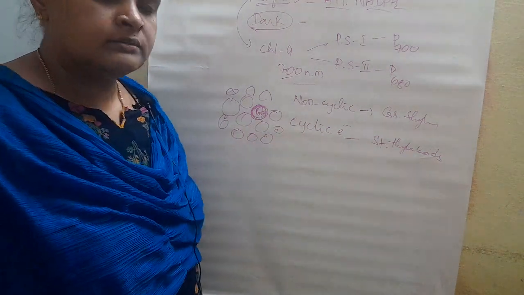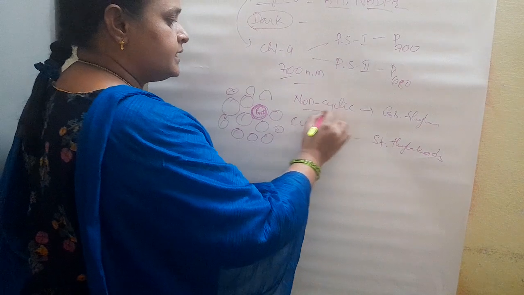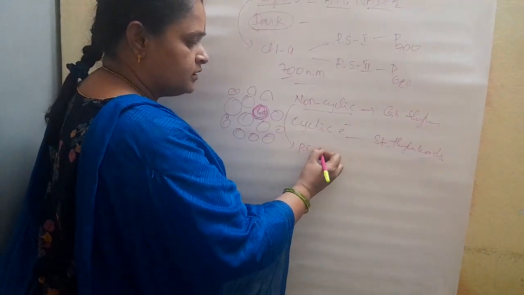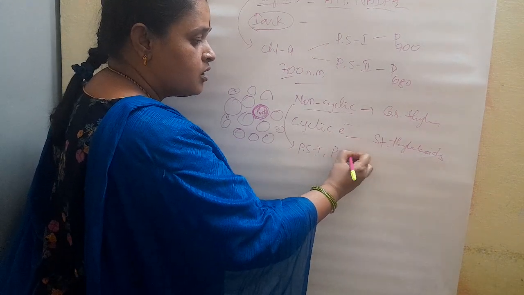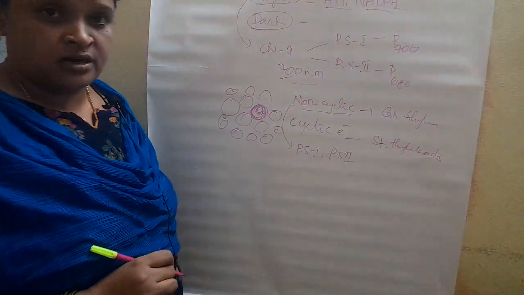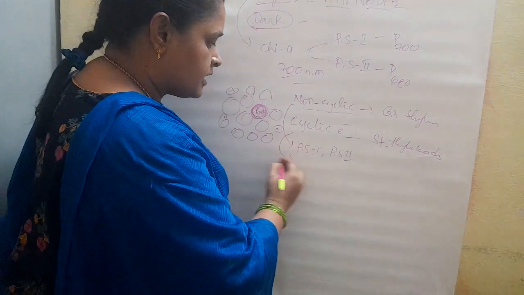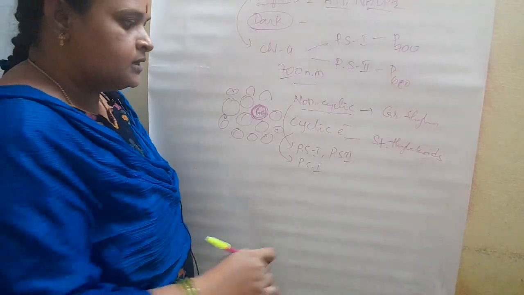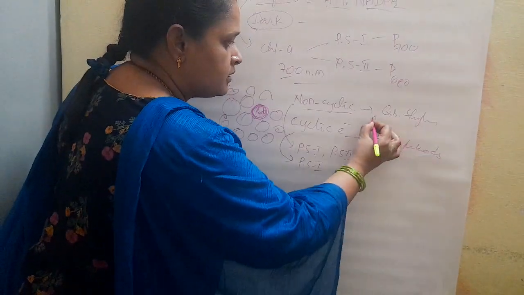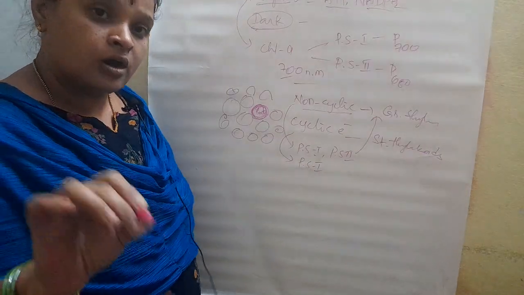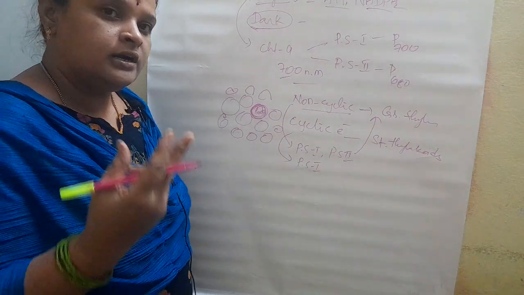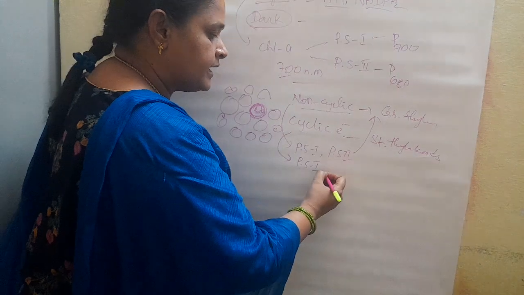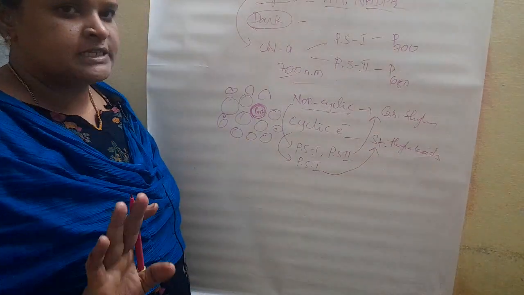Non-cyclic electron transport involves both systems, PS1 and PS2, whereas in cyclic electron transport only PS1 is involved, not PS2. That means PS1 and PS2 are present in grana thylakoids, whereas in stroma thylakoids only PS1 is present.